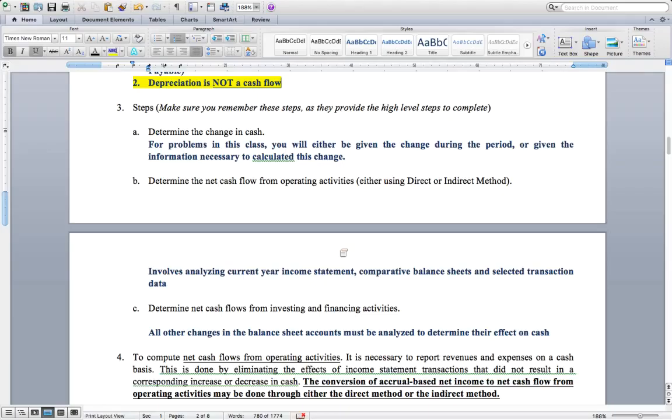So essentially you're going to reconcile from net income to the cash that represents the difference between current year and prior year cash accounts. Second, you'll need to determine the net cash flow from operating activities. And then third, you'll need to determine the net cash flows from investing and financing activities.